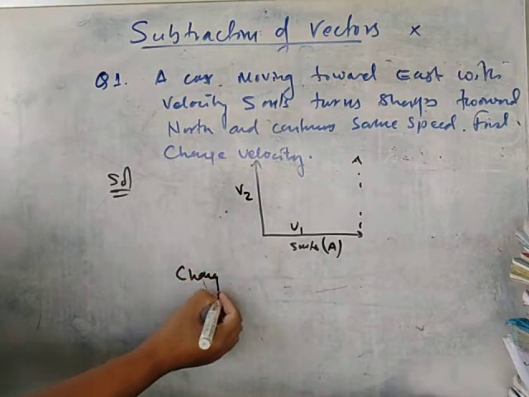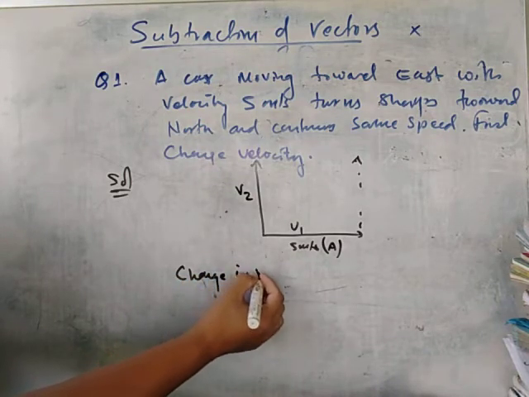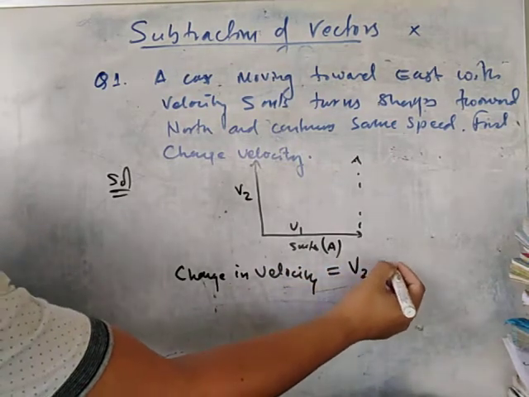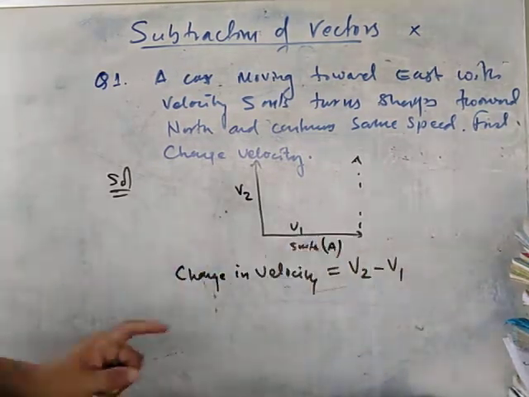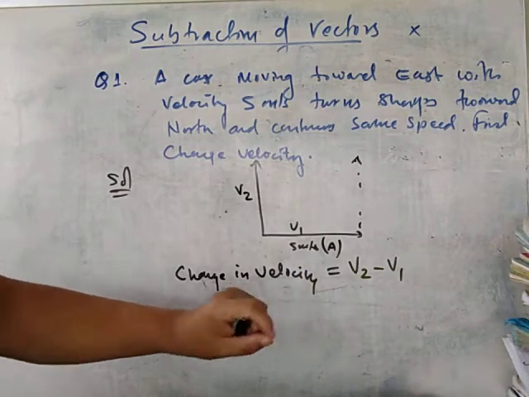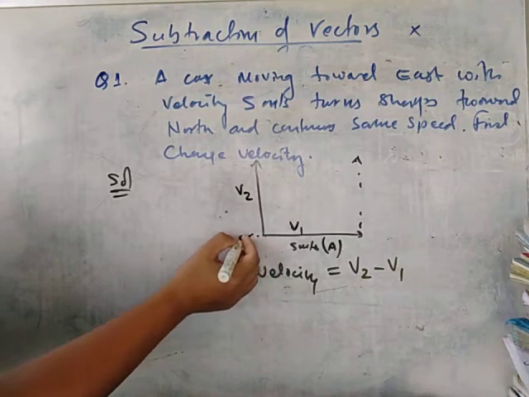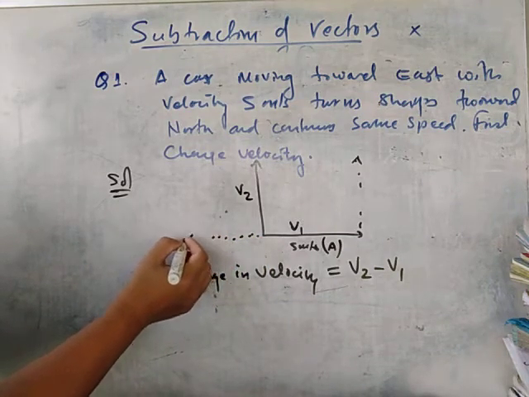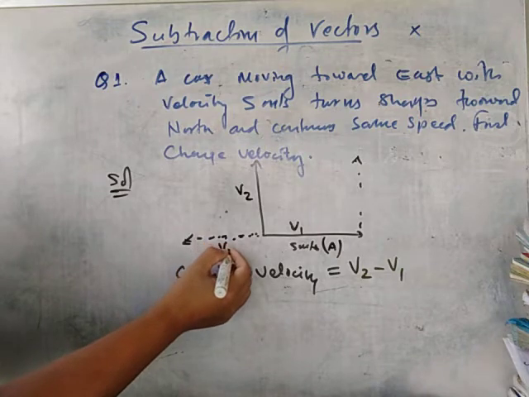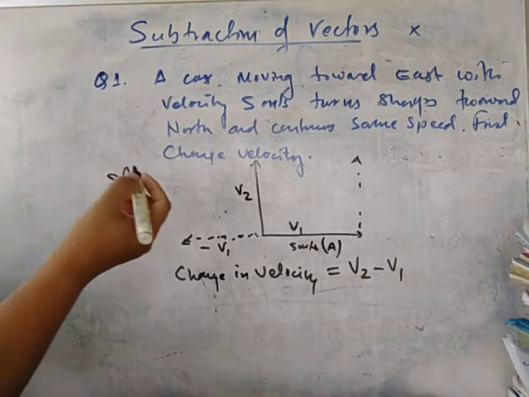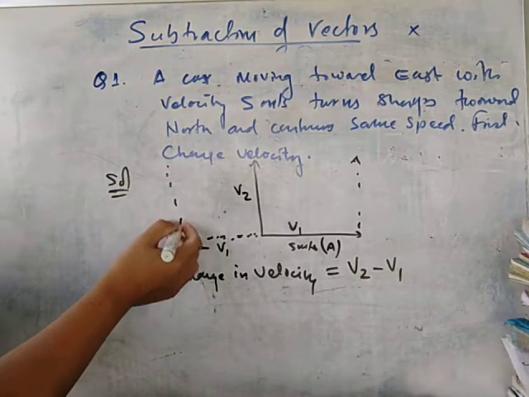Change in velocity equals v2 minus v1. So v1 should be negative, so we make its minus. Now draw the parallelogram and you will get the resultant.